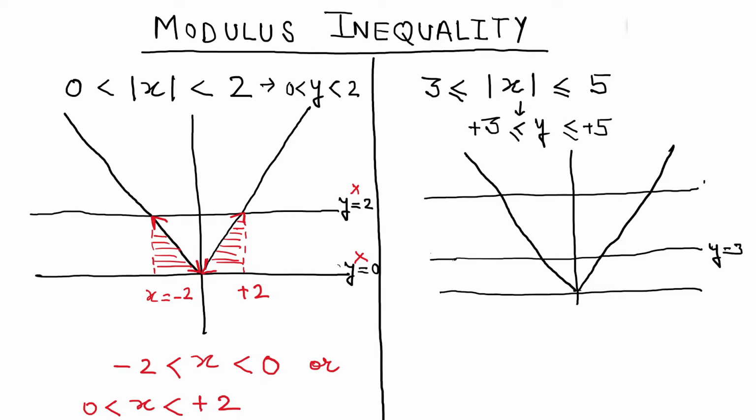Then we need to understand that we are talking about the area lying between y is equal to 5 and y is equal to 3. We are talking about that area, so we are supposed to include this. So a dot to a dot, a dot to a dot, and then we find out these values. This is +3. This is x is equal to +5 when you bring it onto the x-axis.